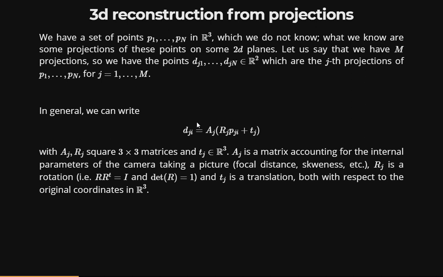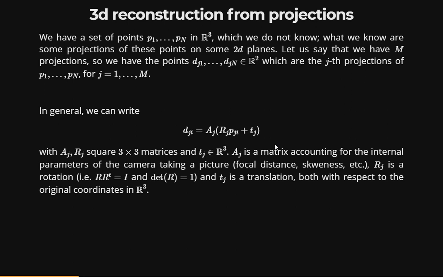In general, you have that the points are given by this function. So A_j is the projection function and is a matrix accounting for the internal parameters of the camera taking the picture, so the focal distance and the skewness and stuff like that.